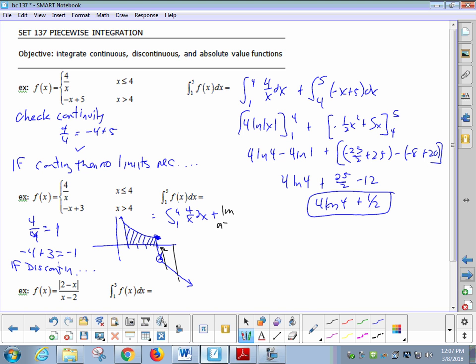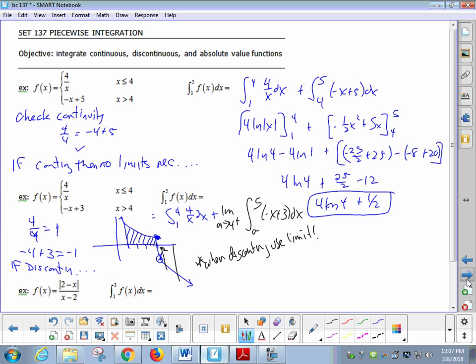The limit as A goes to 4 from the right. From what limits of integration? A to 5, the upper limit. And that branch is negative x plus 3. And when you have a discontinuity, you have to deal with that way. When discontinuous, you'll need to use a limit.